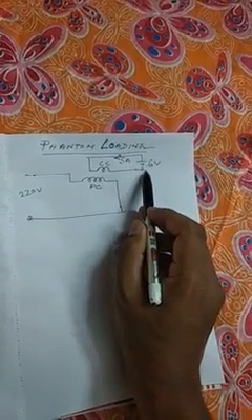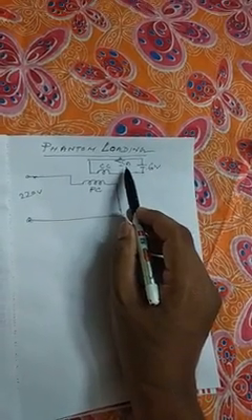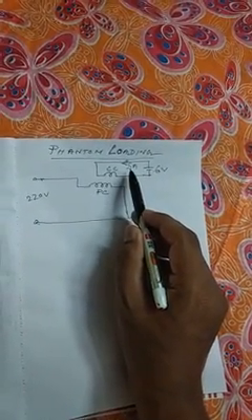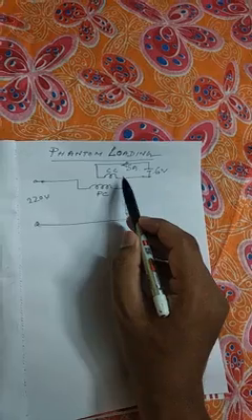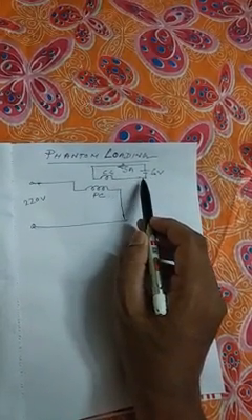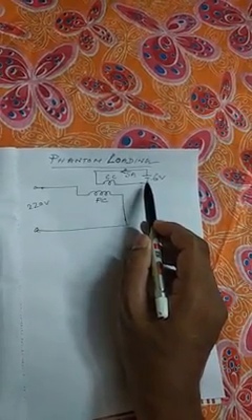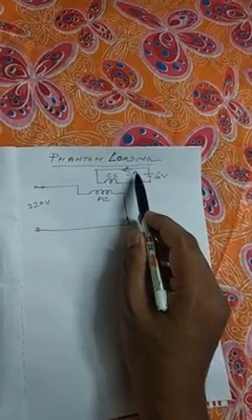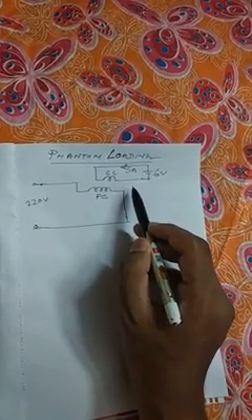That means if you reduce the supply voltage, then the power consumption may be reduced. So in case of phantom loading, we have to connect a battery whose supply is very low, and the amount of current flows through the current coil so that the test can be made.